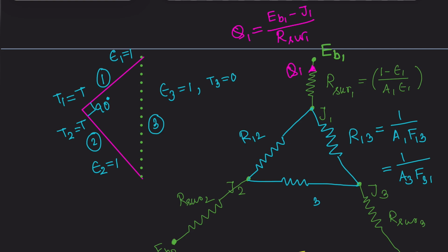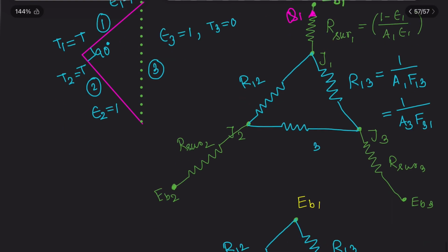So I say this is my Q1, this is my Q2 and this is my Q3. And if there is any external irradiation coming from the outside, not from any surface of the enclosure, then you have to show it like this. So this is the way to show.